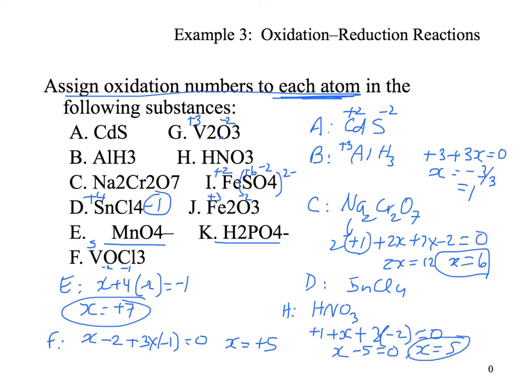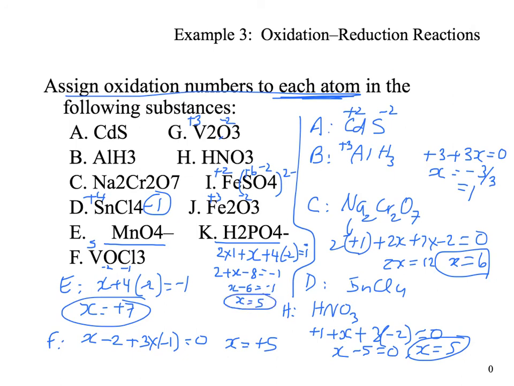And the last one is H2PO4 with a negative charge, so 2 times 1 plus x for phosphorus plus 4 times -2 is a -1 charge. So 2 plus x minus 8 is equal to -1, or x minus 6 is -1, or x is equal to 5. So those are my charges.